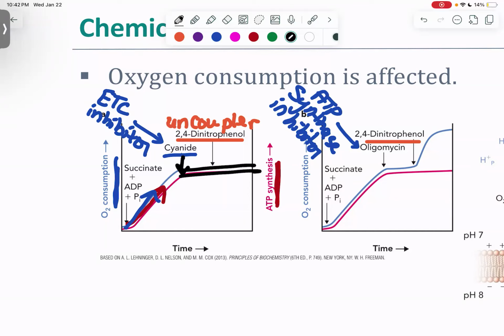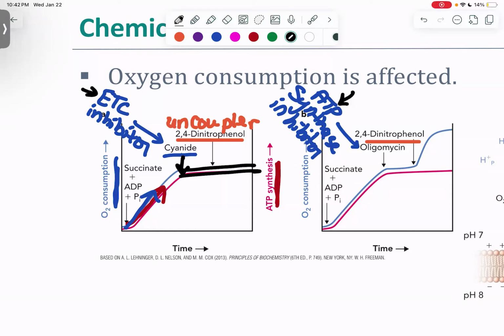But let's look at part B, right? We're going to do exactly the same experiment. But in this case, instead of inhibiting the electron transport chain, now I'm going to inhibit the ATP synthase complex. So the electron transport chain is going to work. It's just the ATP synthase complex that's not going to work.